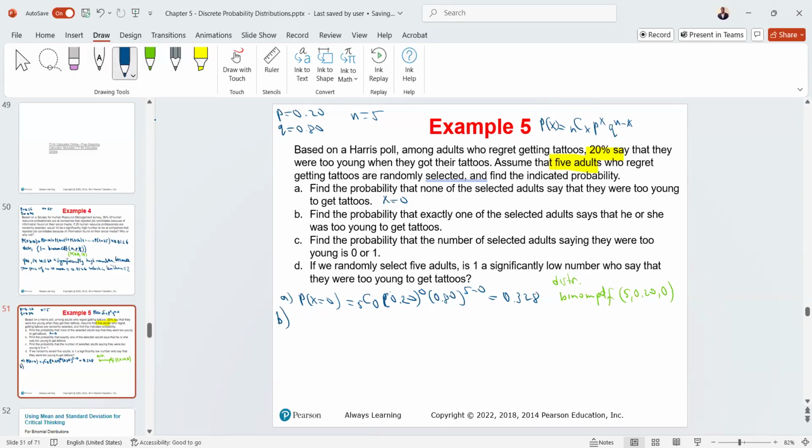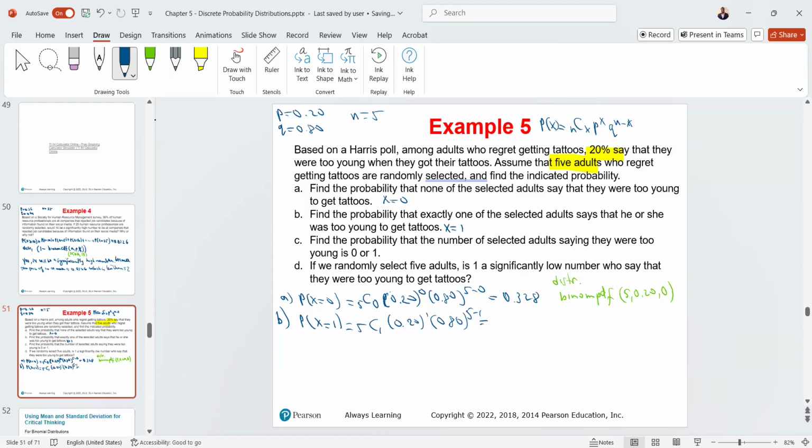B, find the probability that exactly 1. This is exactly 1. So again, X here equals 1. So probability that X equals 1 would be 5C1, 0.20 power 1 times 0.80 power 5 minus 1. 5 minus 1 is 4.